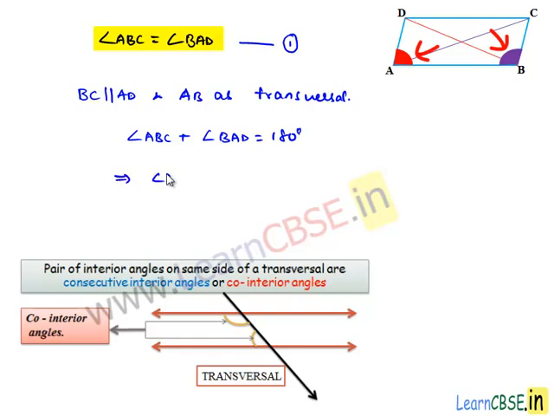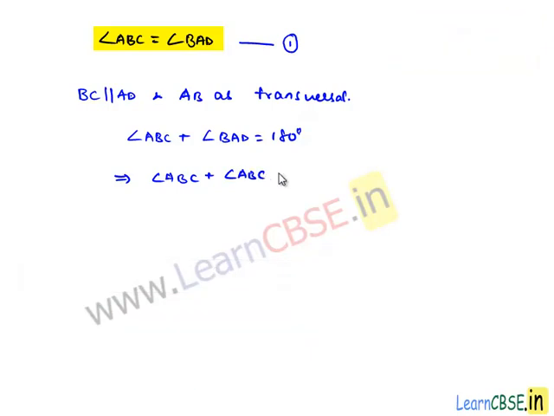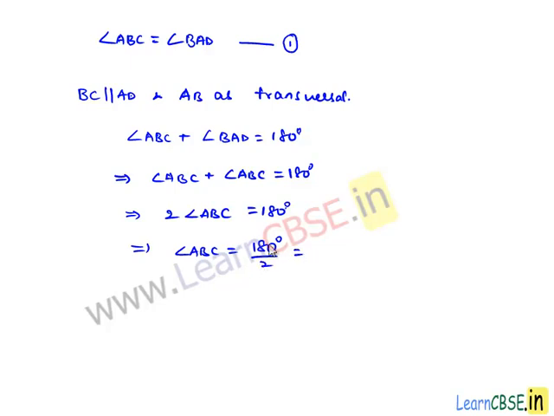But from equation 1 we can say angle BAD is nothing but angle ABC. So that will be equal to 180 degrees, which implies 2 times angle ABC is equal to 180 degrees, which implies angle ABC is equal to 180 degrees by 2, and here 2 goes in 180 90 times.